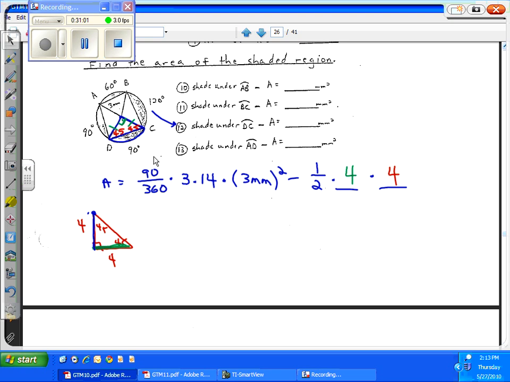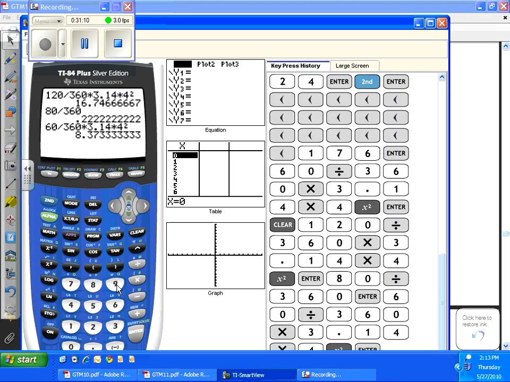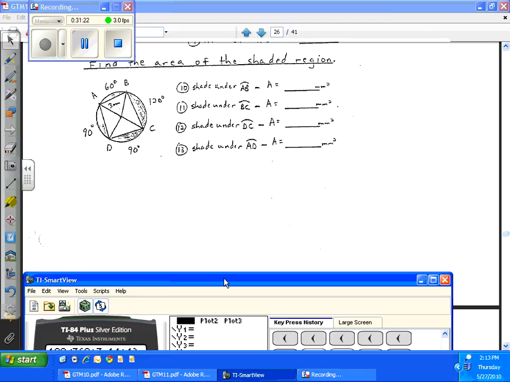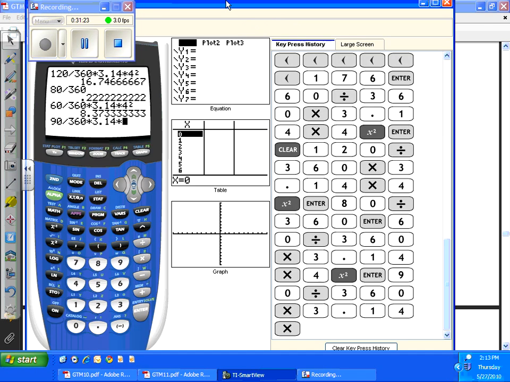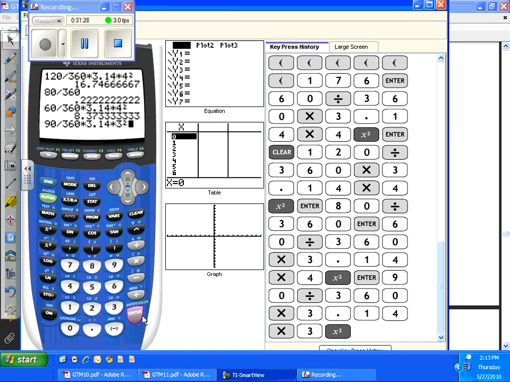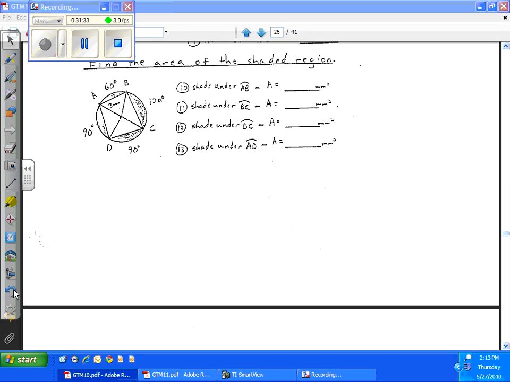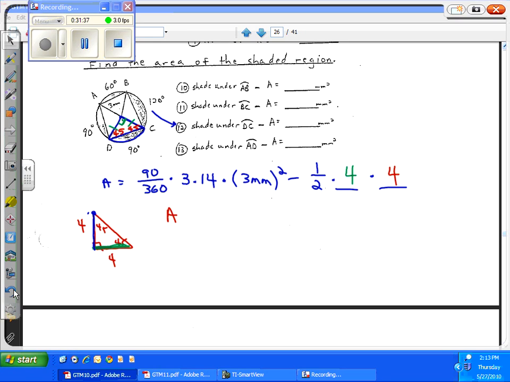We're going to do the first part here, 90 divided 360 times pi times 3 squared. 7.065 minus half of 4 is 2 times 4 is 8.